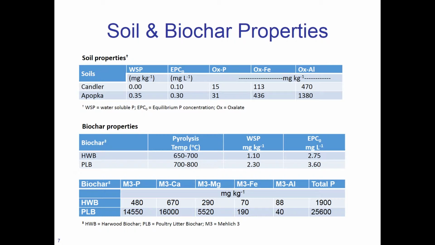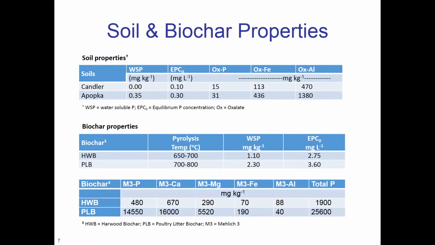These two different soils have some differences in all these parameters. And interestingly, they have 0.1 milligrams per liter EPC for Candler and 0.3 milligrams per liter for the Apopka soil in this particular study.